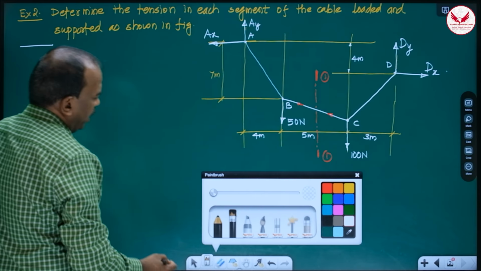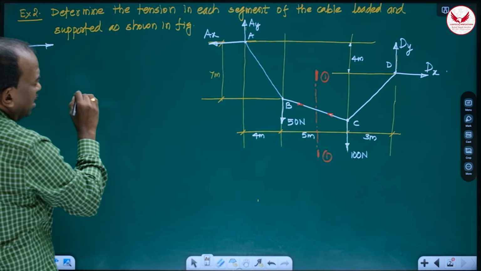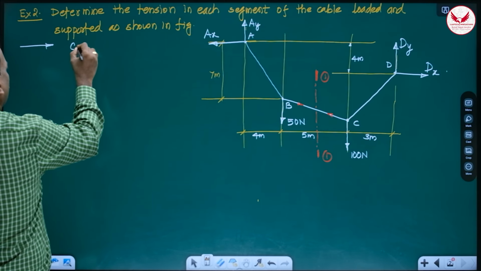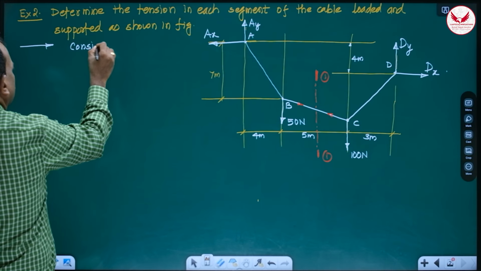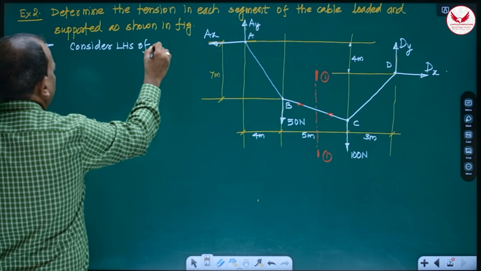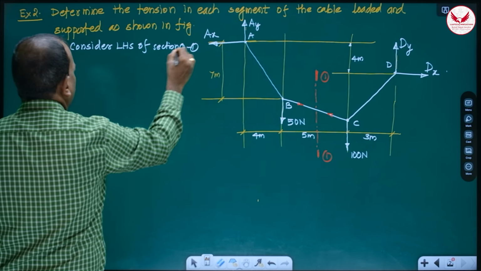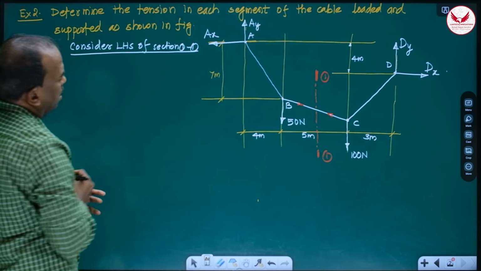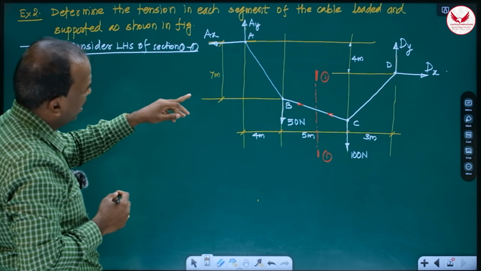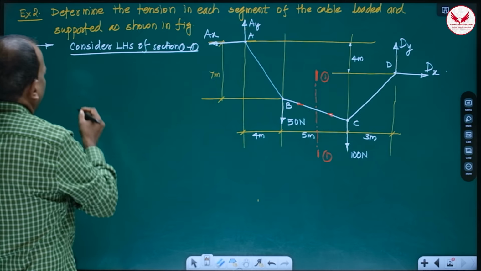When supports are not at the same level, I'll suggest take the section first. Means consider the left hand side of section 1-1 first. In the left hand side, what will we get? AY into this distance, which is known, 4 meter.